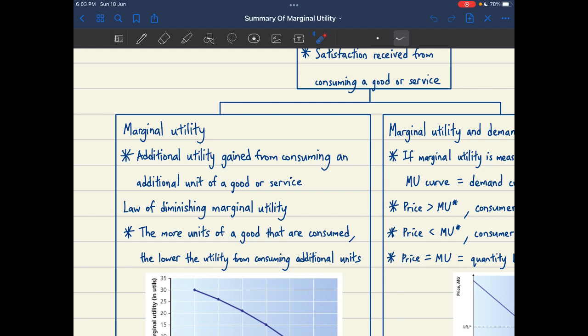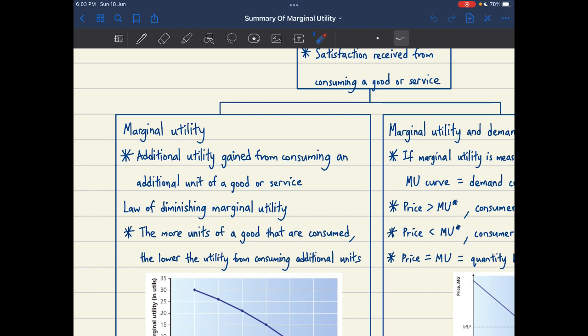All right, and then for marginal utility, there is a law, which is the law of diminishing marginal utility. If you were to consume additional units down the road, the additional marginal utility that you'll gain from consuming that particular good or service would decrease as well.